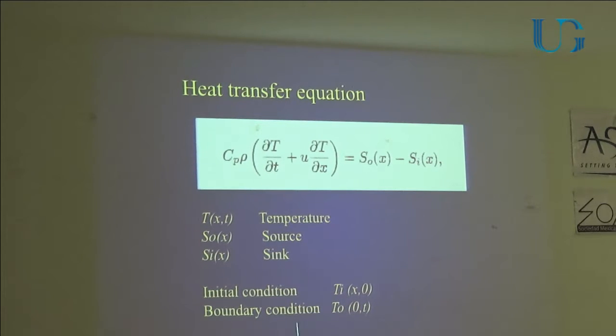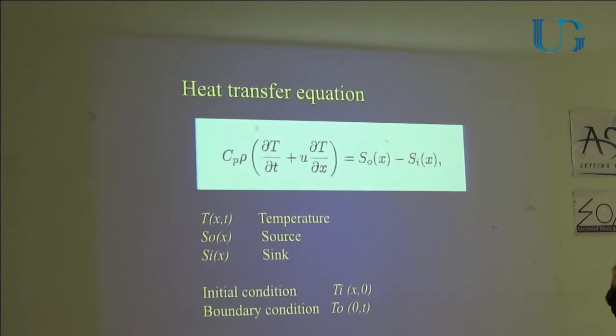And this becomes an advection equation. Perhaps you're familiar with this kind of equation from your mathematics courses. And if we have a homogeneous equation, that is, if we consider that this side is 0, then we would have a first order wave equation. That is, the distribution of temperature will be carried around in time.